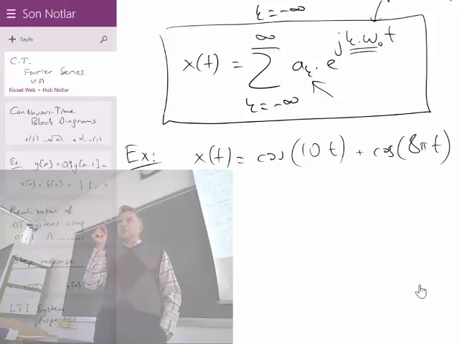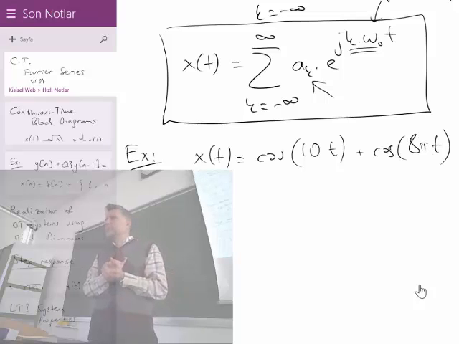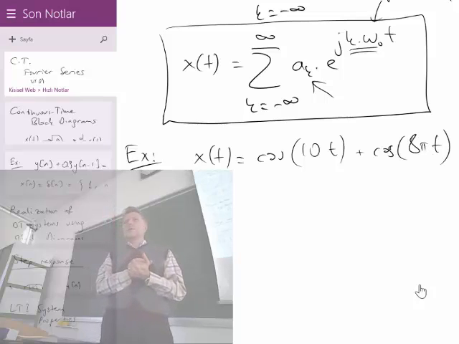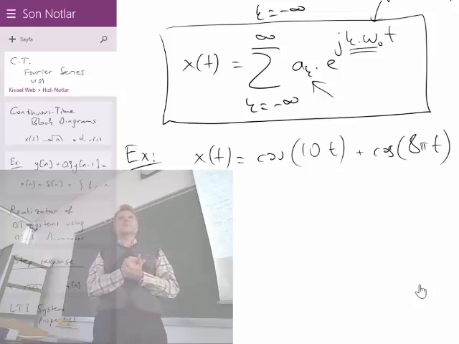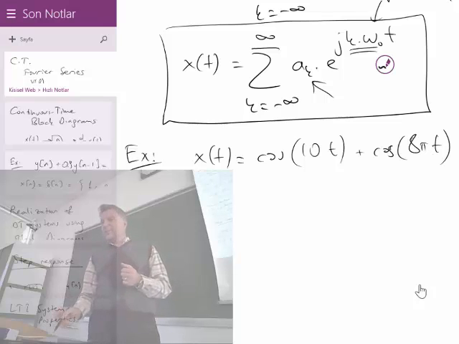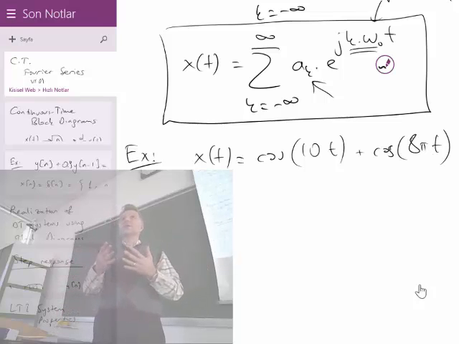And if you remember how to find the common period of these two periodic signals, it must correspond to the least common multiple of these two. And the least common multiple must be determined if only one of them is a ratio or a rational of the other.